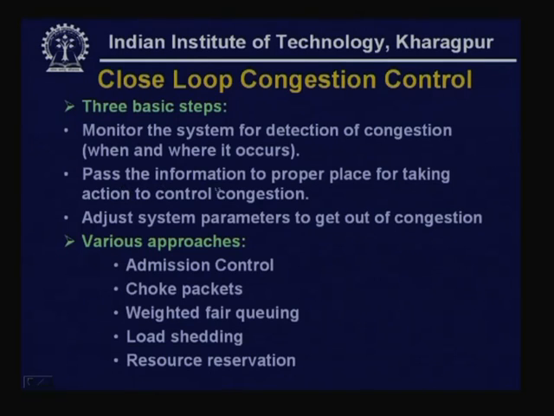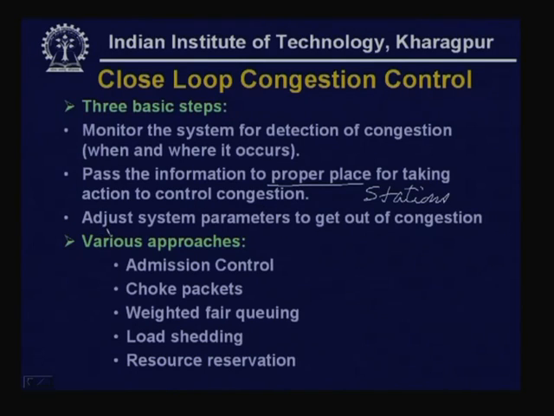That means pass the information to the proper place for taking action to control congestion. Usually this action has to be taken by the stations or the source nodes. So, information has to be passed on to the stations for taking action to control congestion.